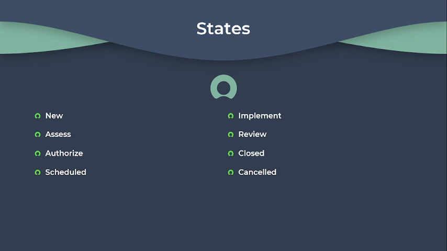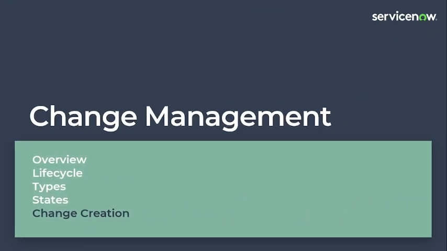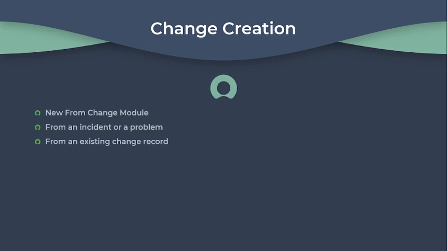There is an additional option to cancel any change request that is initiated. The reason for cancelling the change is added to the work note field. So these are the different states of change. Then change creation.